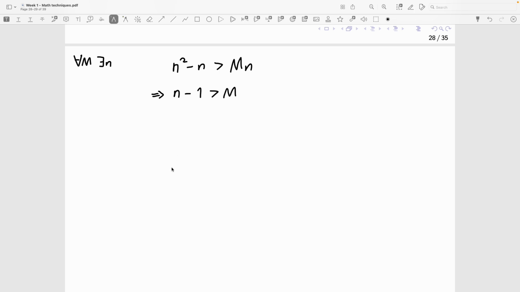That's a lot better. Now we only have one term with n. And we're much closer to our goal of defining n in terms of m. Let's just add 1 to both sides. And there. From this algebra, we see that if n is greater than m plus 1, then the inequality we want to prove is true.